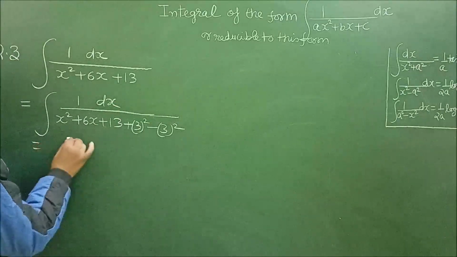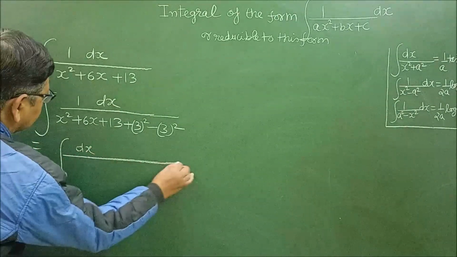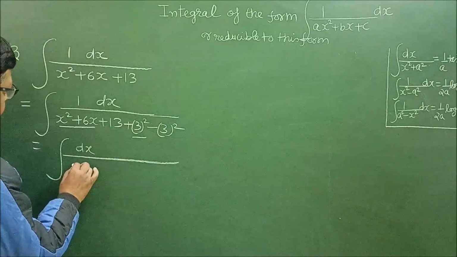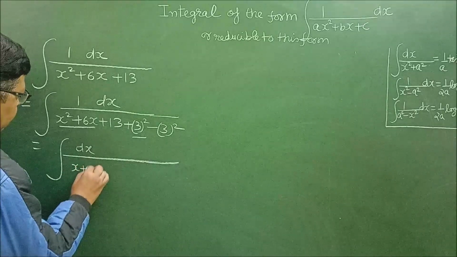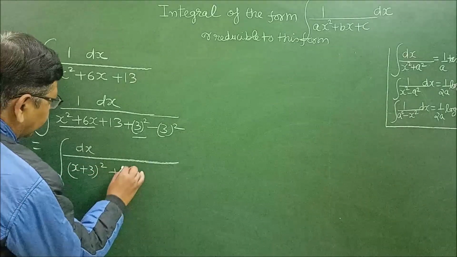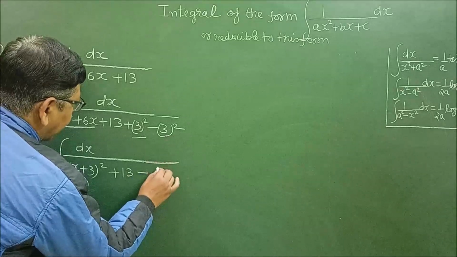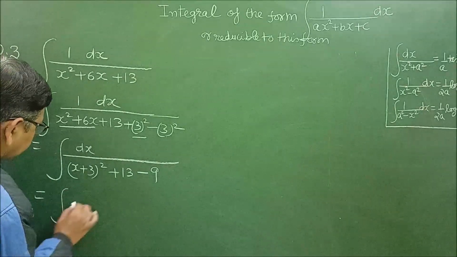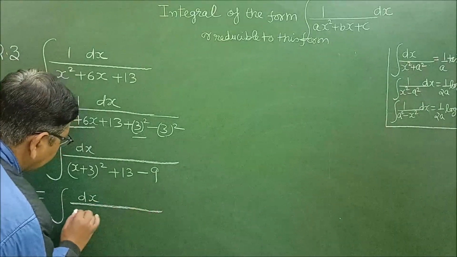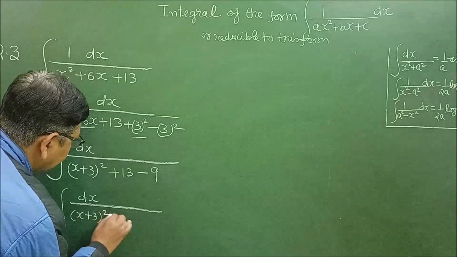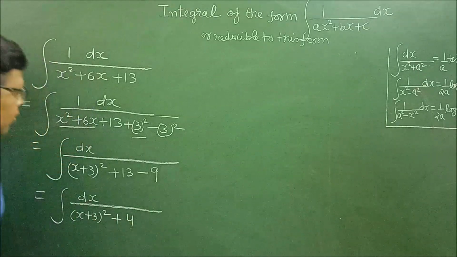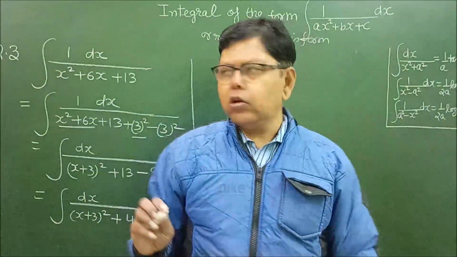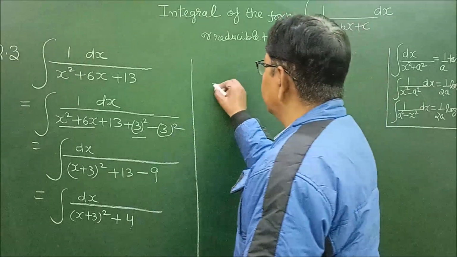So this is equal to dx upon, these three terms make the whole square of (x plus 3), plus 13 minus 9, which is equal to integration of dx upon (x plus 3) whole square plus 4, where 4 is equal to 2 square.